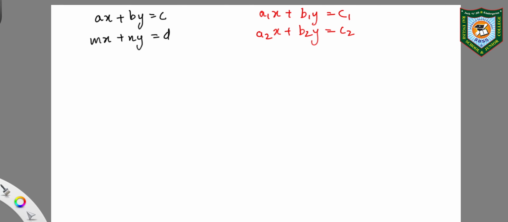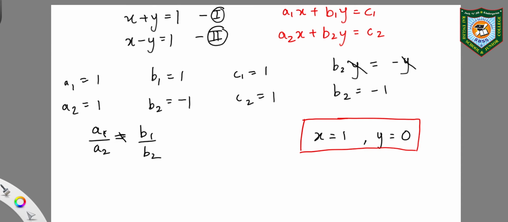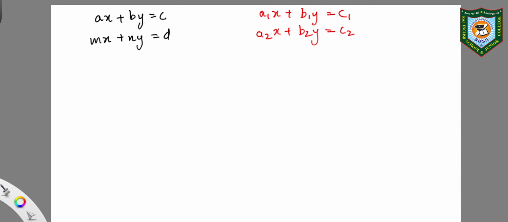Now before we start solving this, if we try to solve this pair of equations that we used to check the ratio of a1 by a2 and b1 by b2, I'll get the solution of x as 1 and y is equal to 0. And there is no other solution for this particular pair of equations. So I get just a pair of coordinates for x and y. Therefore, I have only one common solution.